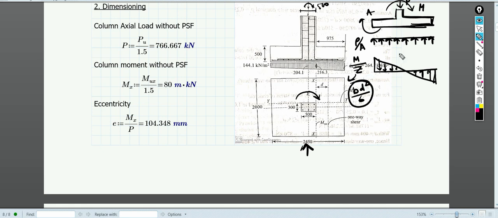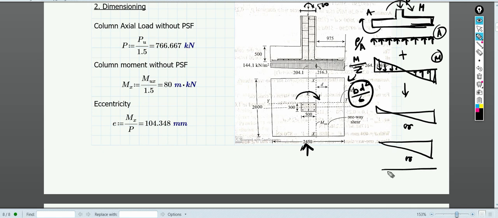Now this is for axial load and this is for moment. If I combine these two, we can get either something like this or something like this, depending upon the values of P by A and M by Z. Along this side is the tension zone, right?